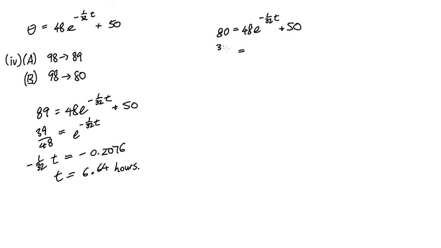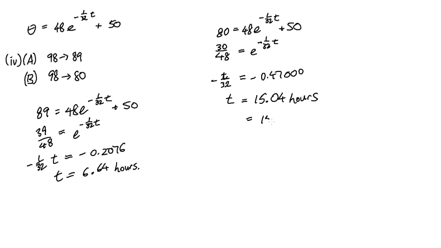That gives you 30 over 48 equals e to the minus 1 over 32 t, and that will mean that the negative 1 over 32 t will be equal to the natural log of 30 divided by 48, which is negative 0.47 and 3 zeros, surprisingly, and multiply that by negative 32 gives you t equals 15.04 hours. And usually I leave it in 3 significant figures.